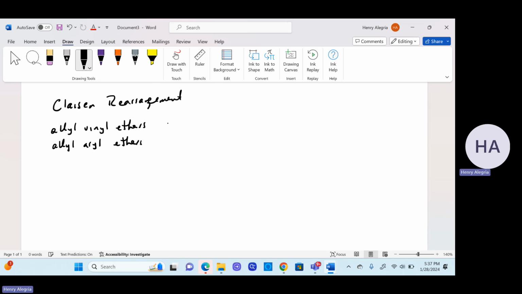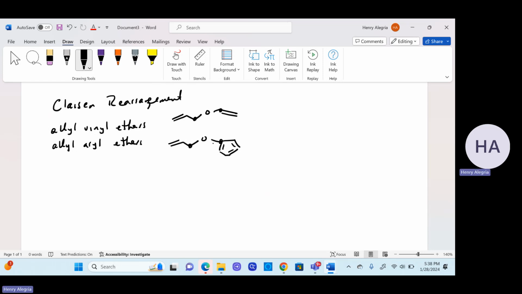So an allyl vinyl ether would be, so this position is vinylic and that position is allylic, so allyl vinyl ether. An allyl aryl would be something like this. Where that's an allylic position and that's an aryl position on an arene. We actually saw this when we talked about Claisen rearrangement back then.